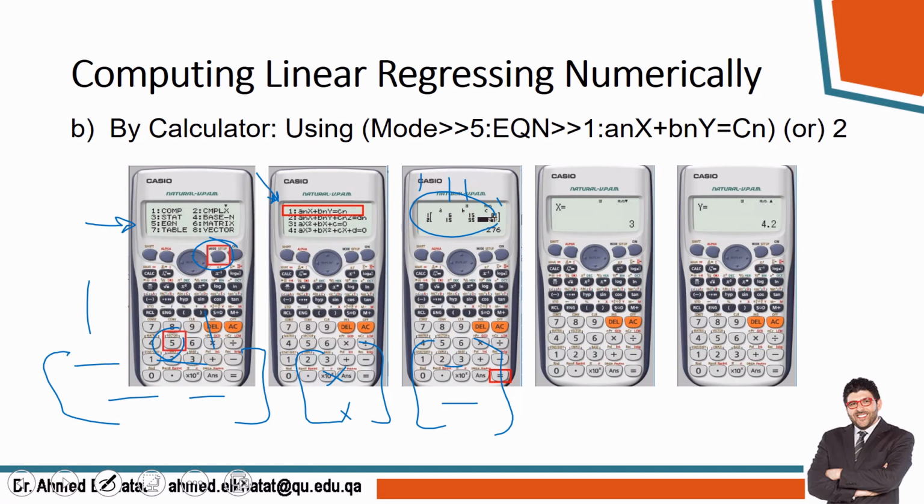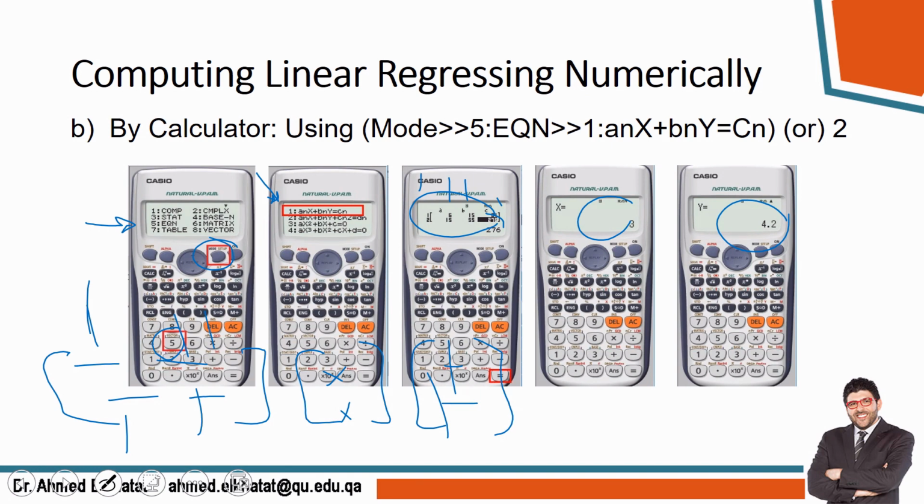Sorry, it's 1 2 3, yes. So 1 2 and 3, and then also for the second row 1 2 3. The unknowns will be 3 and 4.2. So this is the way to solve the matrix using the calculator.